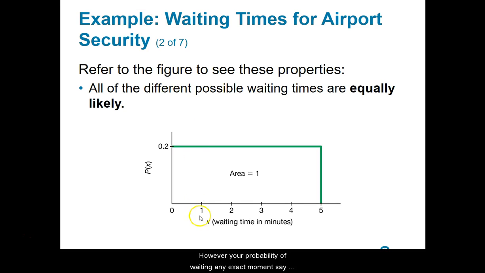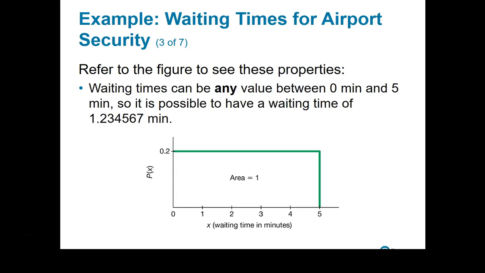However, your probability of waiting any exact moment, say exactly 1 minute, is going to be 0, because the area of the line directly above 1 right here is going to be 0. And this is what it's talking about. Any time is possible. So 1.23456 minutes is possible, but the probability of that exact time will be 0.